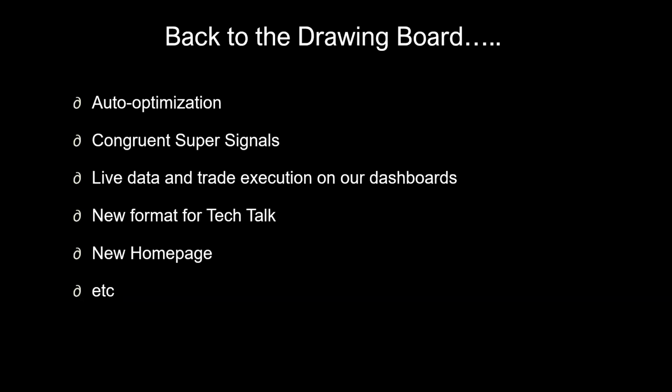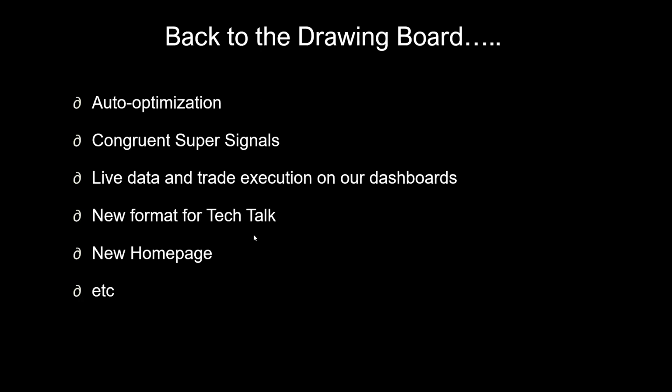That's a topic we've been busy with as well, and we are going to present this in a subsequent Tech Talk. We've also looked at supporting or powering our trading dashboards, such as Zillion, with live data and trade execution functionality. That was a big event throughout the summer as well.